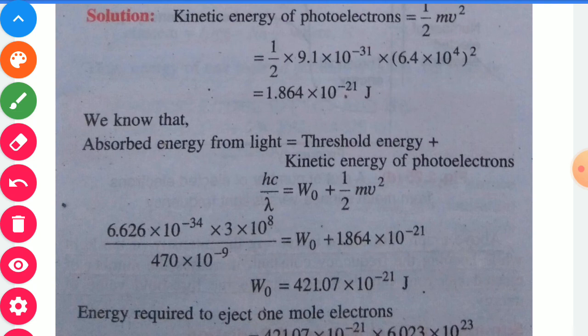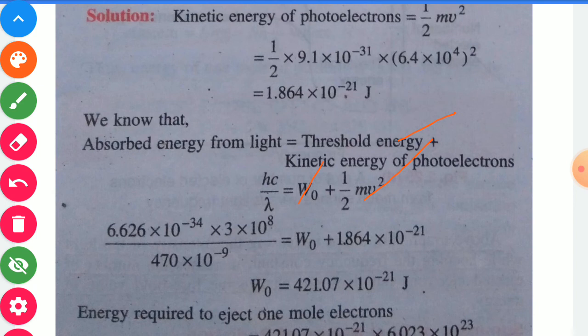Here we may take the threshold energy in place of the work function. So the absorbed energy is hν, and hν is equal to hc upon λ. Therefore hc upon λ is equal to work function plus half mv squared, meaning kinetic energy.